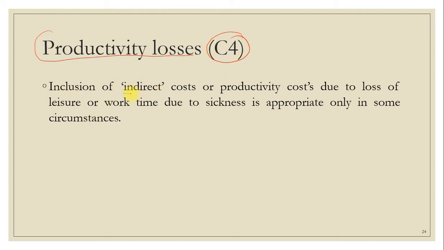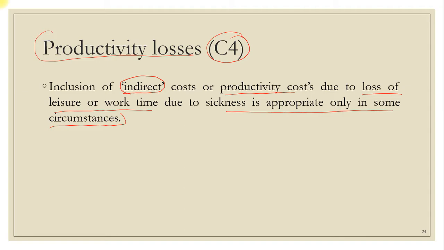Okay, the next is productivity losses, and it is represented by C4. So inclusion of indirect cost or productivity cost due to loss of leisure or work time due to sickness is appropriate only in some circumstances. Like if you are on a job and you feel sick, you will take leave for a few days.